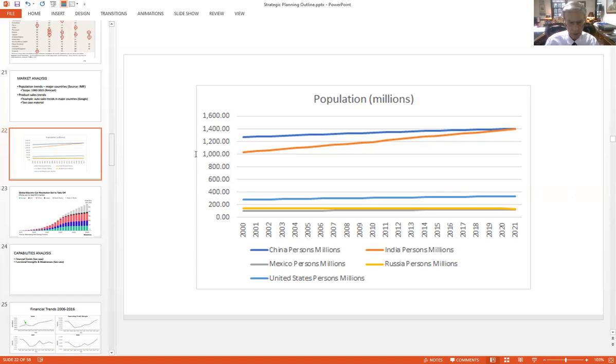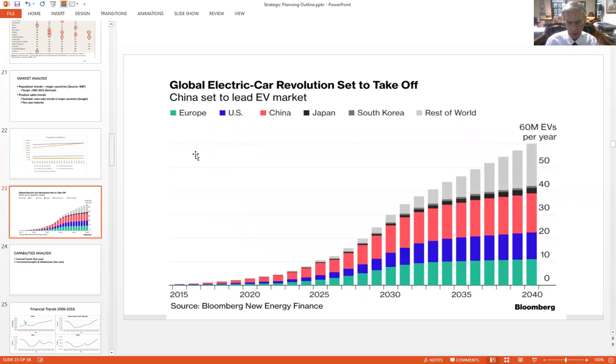Okay, population and age group population are very important for market analysis. Here's an illustration of a chart that I took from a team that was studying Tesla and the market for electric cars and the trend in consumption of electric cars in different countries.